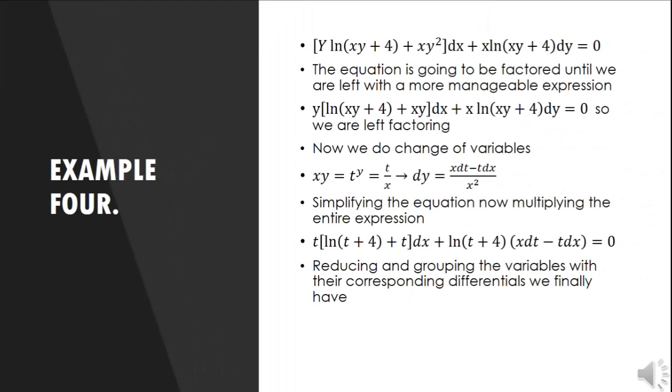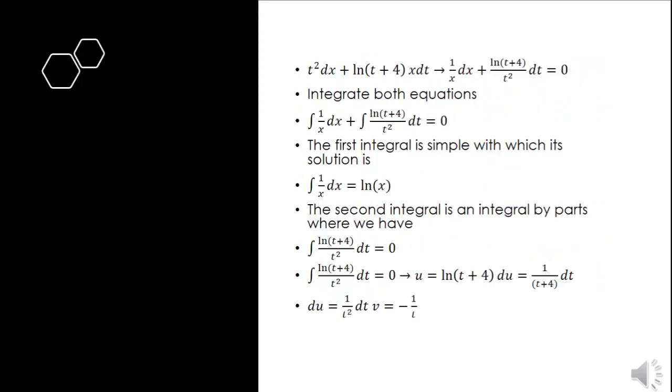For example, number 1. Let's consider the equation 2x to the power of 6 y plus 9x raised to the power of y equals 0. The first thing we have to do is rewrite it as an equation of differentials dy over dx.